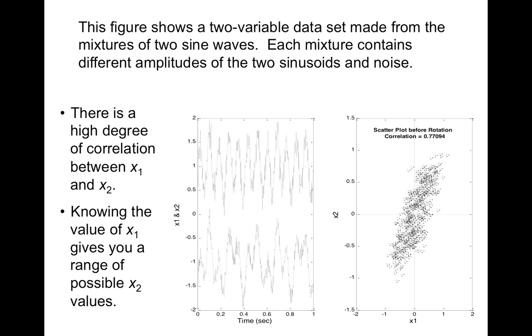So here's an example of a two variable data set that's made from mixtures of two sine waves, each mixture containing different amplitudes of the sinusoids and different noise. And if you look, there's a high degree of correlation between signal x1 and signal x2. If we now do a scatter plot before rotation, you can see that scatter plot appears right here.